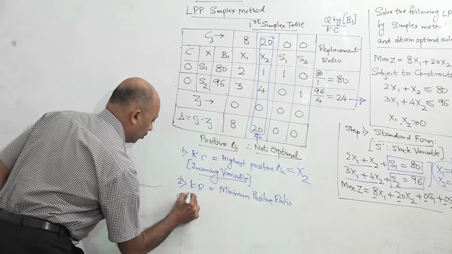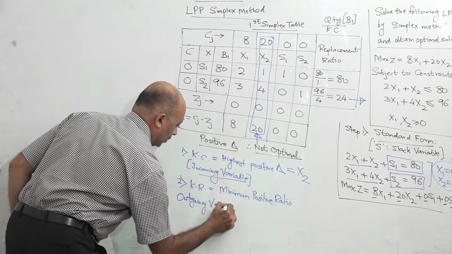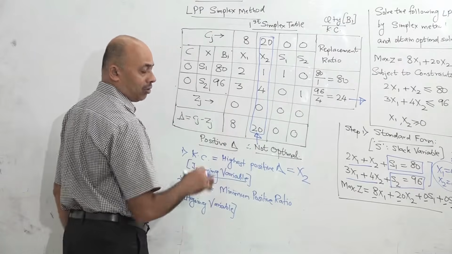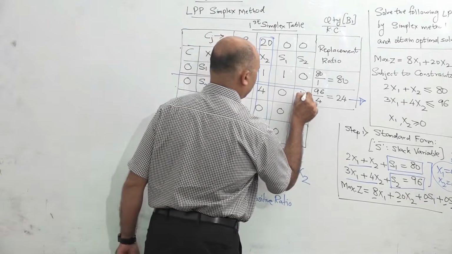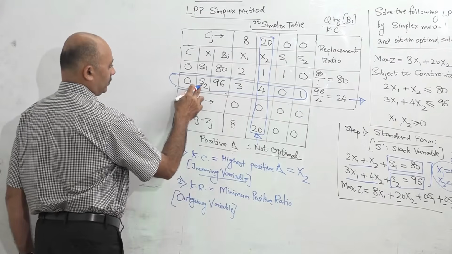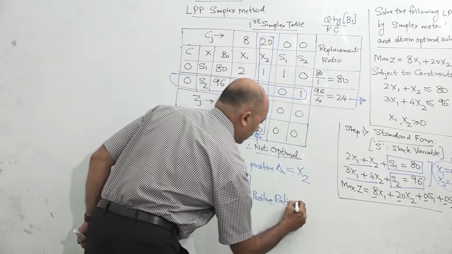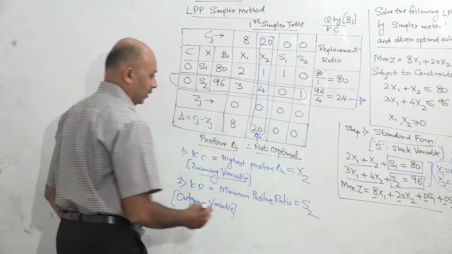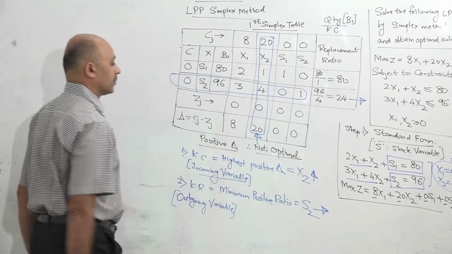KR, or key row, is called the outgoing variable. So one variable will enter the solution and one variable will go out, and that is the second line. So this is our KR. We highlight that. Which variable is this? S2. It means X2 will enter the solution and S2 will exit the solution. So X2 is incoming and S2 is outgoing.